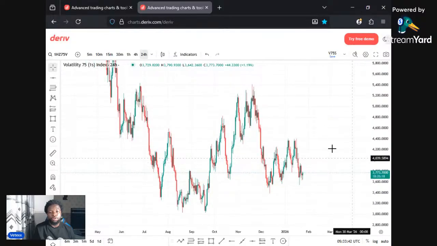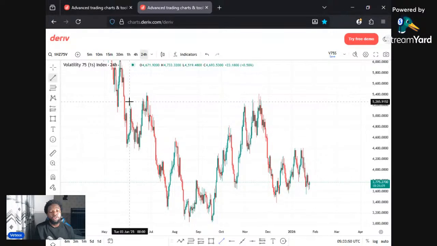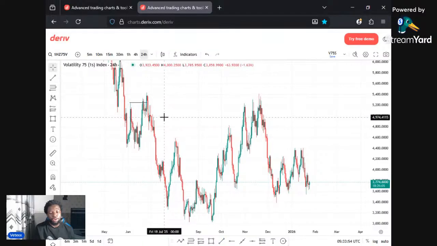So we'll go to the 24-hour time frame and check if we can find our own structure. First of all, you can see we have our first rule, which is the sweep of liquidity, sitting right here. Our second rule, which is our first break of structure, is right here, and then we have our protected high.